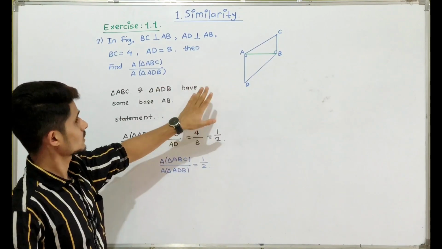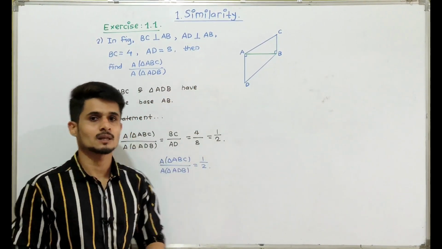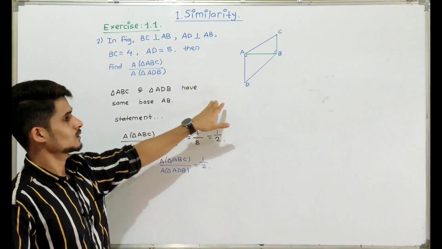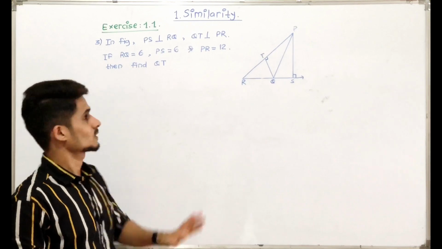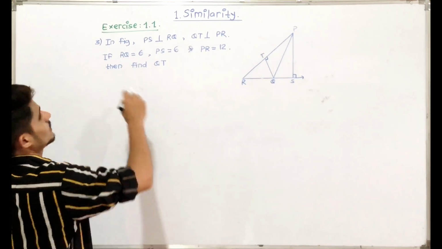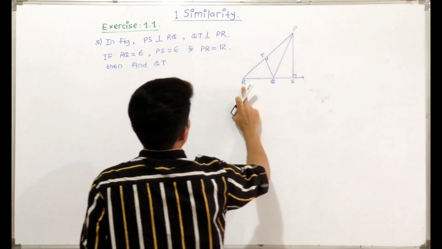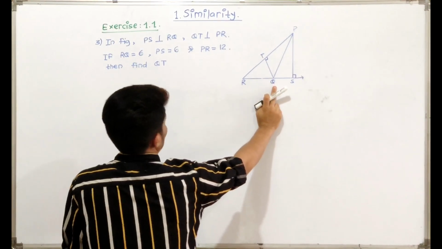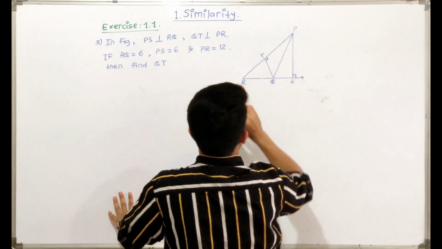So this was question number 2, in which we solved it using our third property, and similarly we'll solve question number 3. In the figure, PS is perpendicular to QR. Similarly, QT is perpendicular to PR.